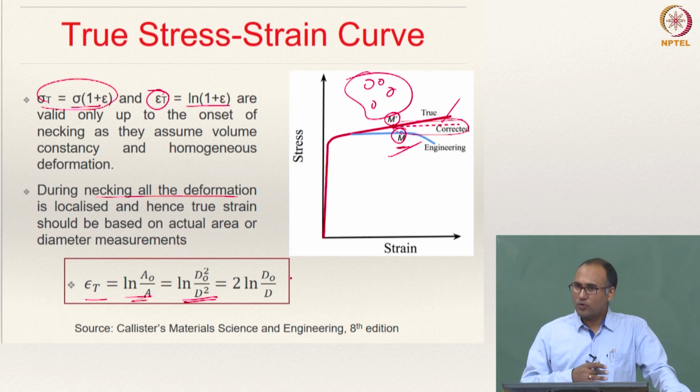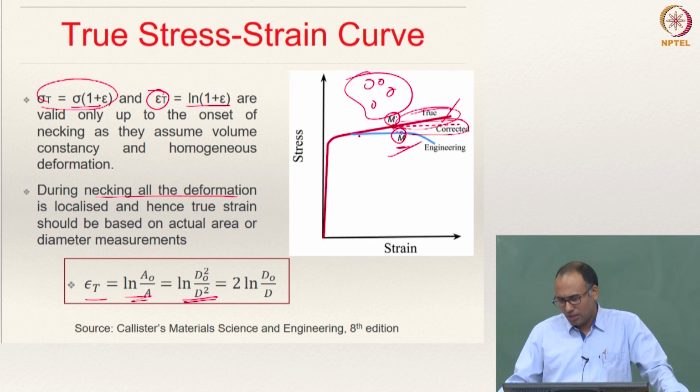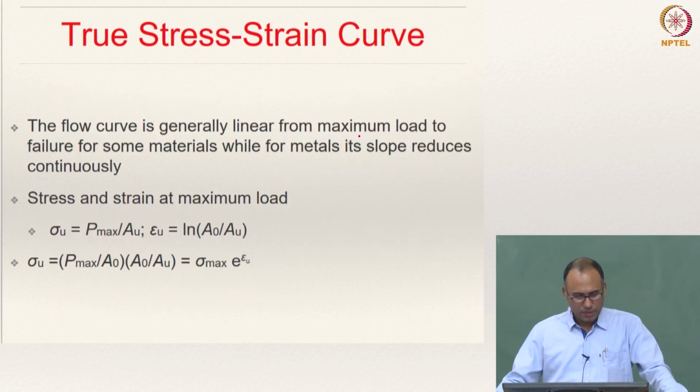Then the flow curve beyond this point is many times found to be linear in this region. Sometimes it need not be, but many times it is found to be linear. For some materials it may be non-linear too.